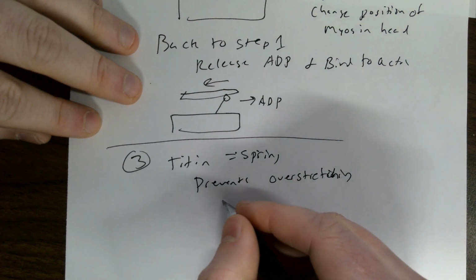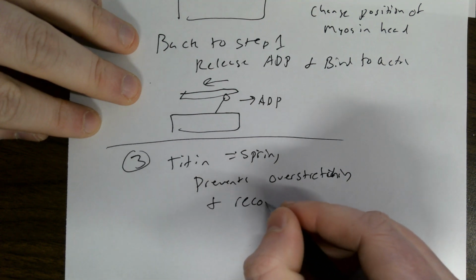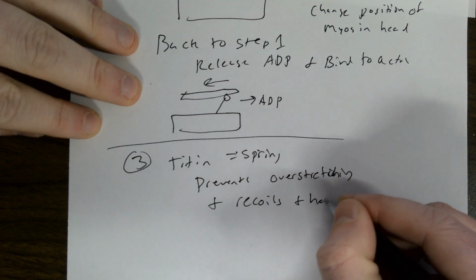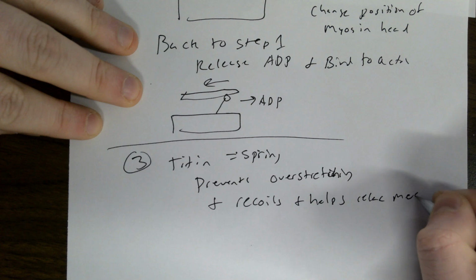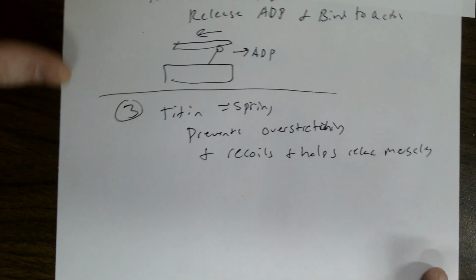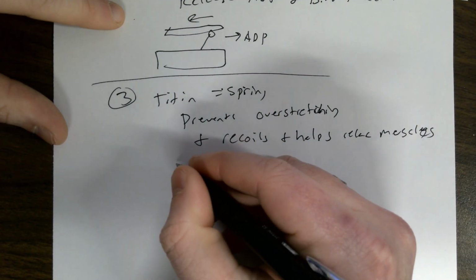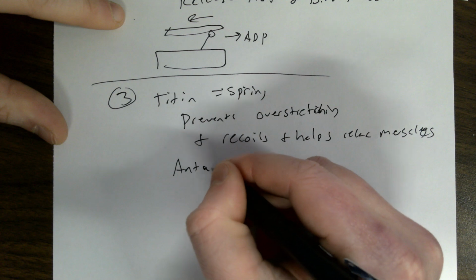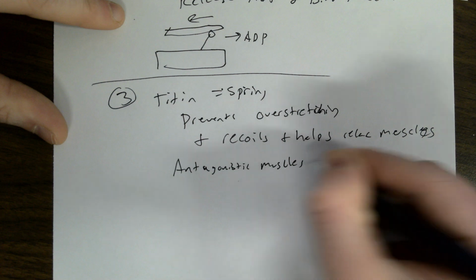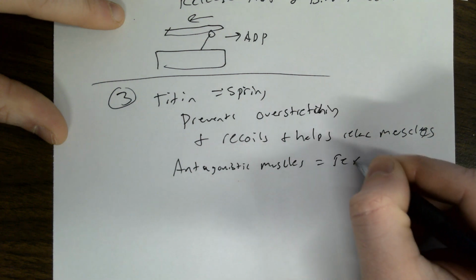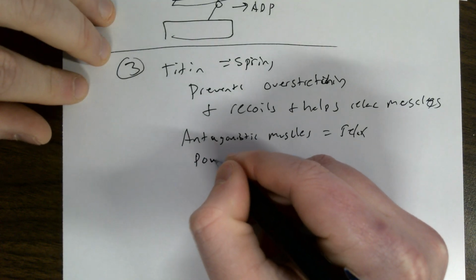So it prevents overstretching of the muscle, and it recoils and helps relax muscles. This allows it to work together with antagonistic muscles to relax, because you can only have power when contracting.